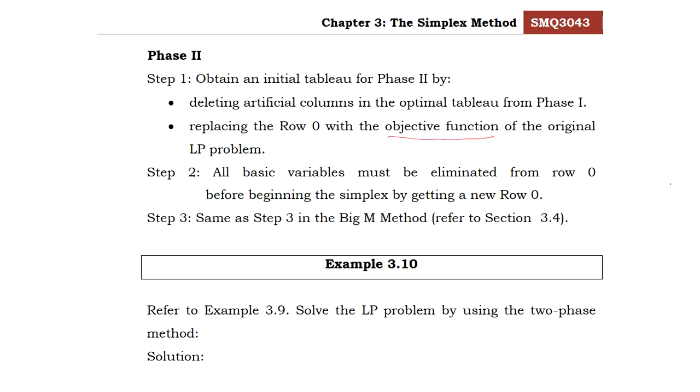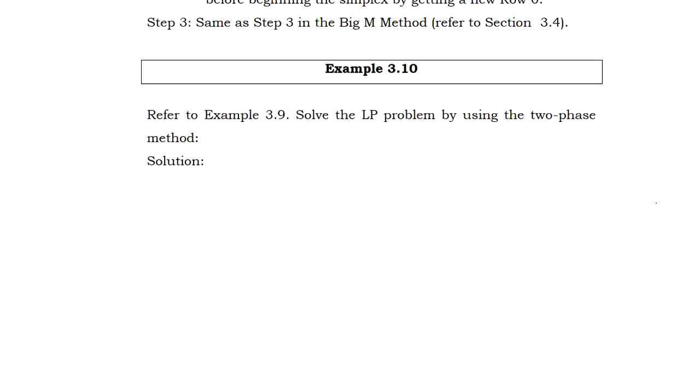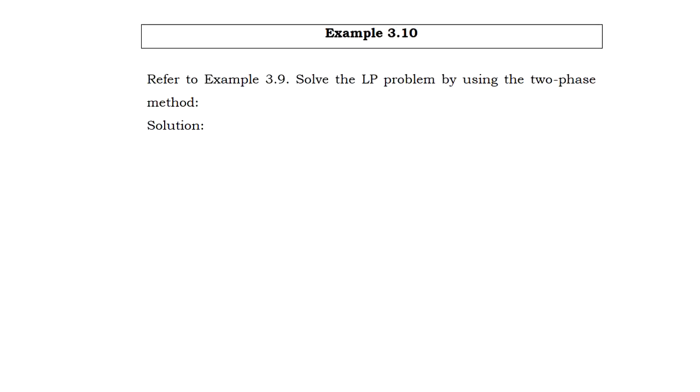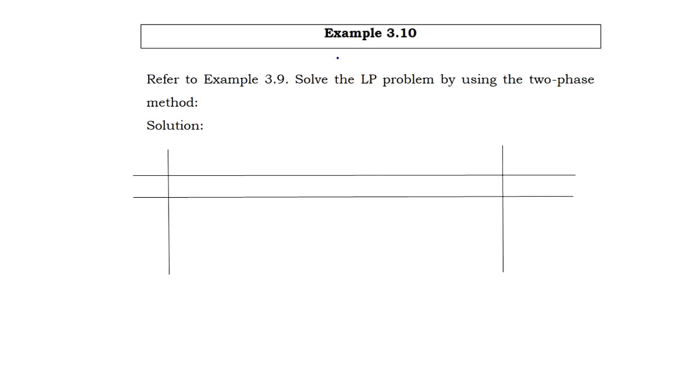So let's look at example 3.10. Refer to example 3.9. Solve the LP problem by using the two-phase method. So in phase 1, we need to change the objective function so that regardless of whether the LP problem is maximized or minimized, in the first phase, phase 1, we always want to minimize the summation of the artificial variables.